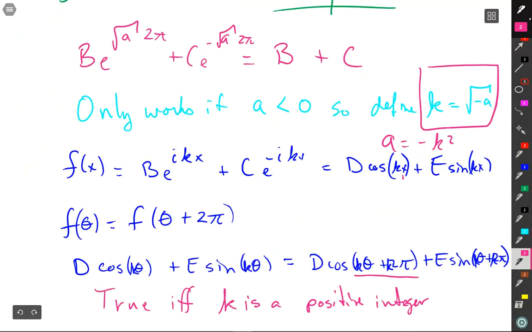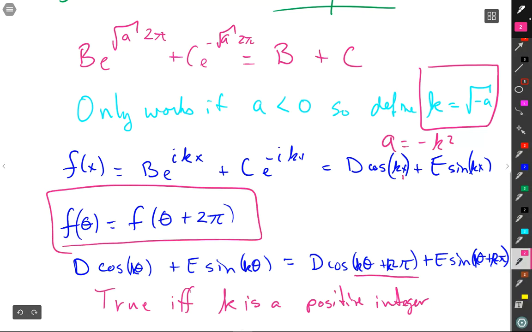And so our relationship that was required, our periodic boundary condition, or our relationship that had to be met. And so I have x here, but for x I put in theta instead of phi, and then theta plus 2 pi instead of phi plus 2 pi.